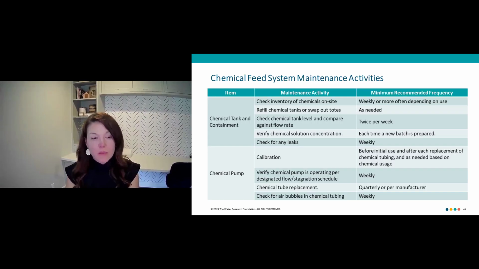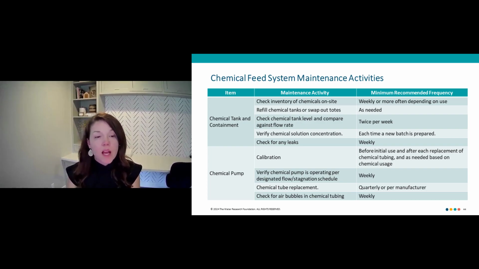In terms of chemical system maintenance, there's a table here that captures many of the common activities and recommended minimum frequencies, but these are obviously going to depend upon the design of the system and the specific equipment that was selected. So maybe just a couple tips to keep in mind when you're going to be putting together your rig.